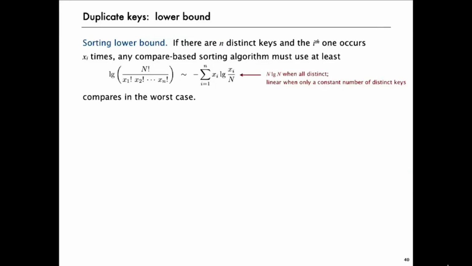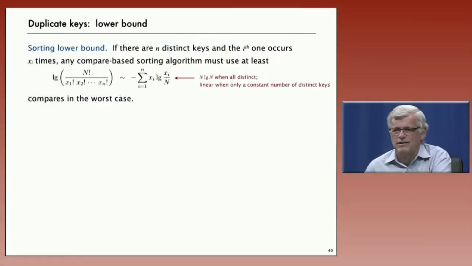Now there's actually some deep reasons why this method is important. One thing to realize is that the lower bound that we talked about before depended on the keys being distinct. The worst case for a lower bound is when the keys are all distinct. But if we have a situation where there are lots of equal keys, that model is wrong.